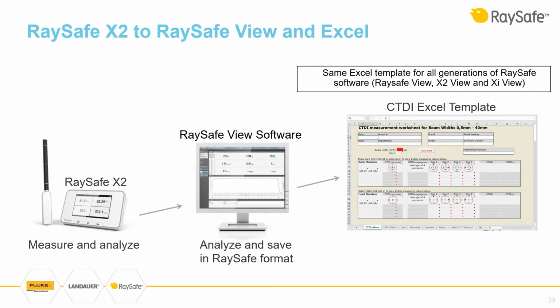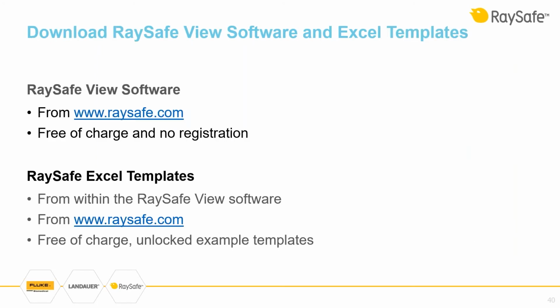And here it can be used for deeper analysis, saving of original measurement data with all the details, and you can also use it for live export to Microsoft Excel and our templates. The RaySafe View software is free of charge and is included when you buy our systems.